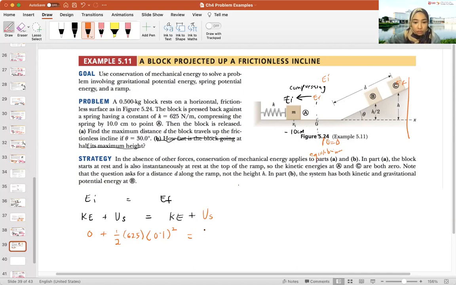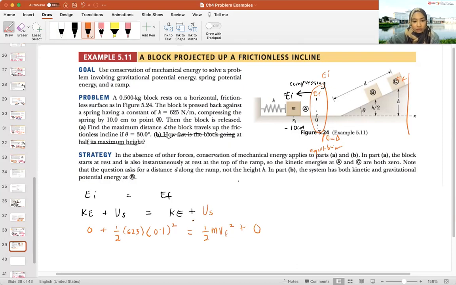Okay, so kinetic energy, we are trying to find that. 1/2 mv final squared at this point, specifically at this point, plus 0. Spring potential energy is 0 over there. Okay, so now we can try to solve for V final because we already know what is mass. So mass is 5.